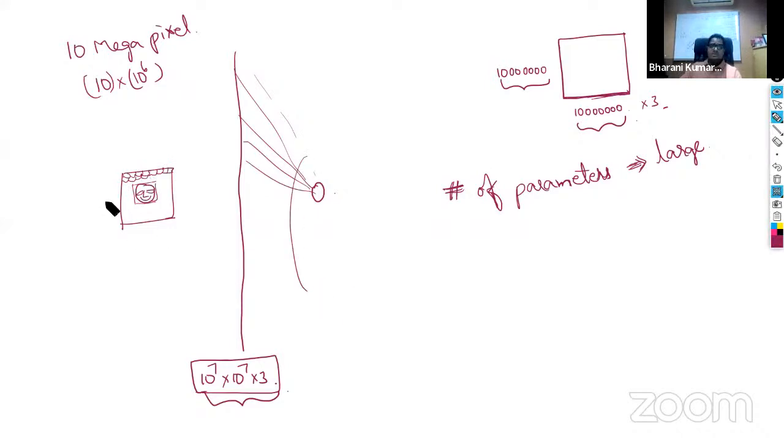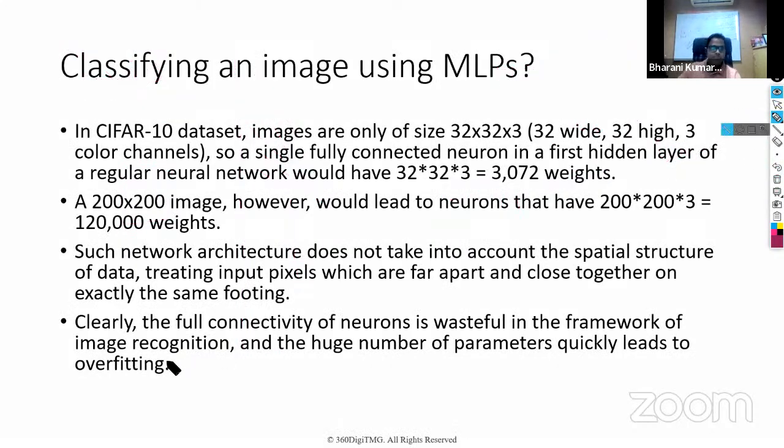So it's called as a wastage, right, of unnecessary resources. When you want this patch, why do you want all those other things? Okay. So here, the full connectivity of neurons is wasteful in the framework of image recognition. And the huge number of parameters quickly leads to overfitting. Wasteful of all those neurons. Why do you need those many, right?